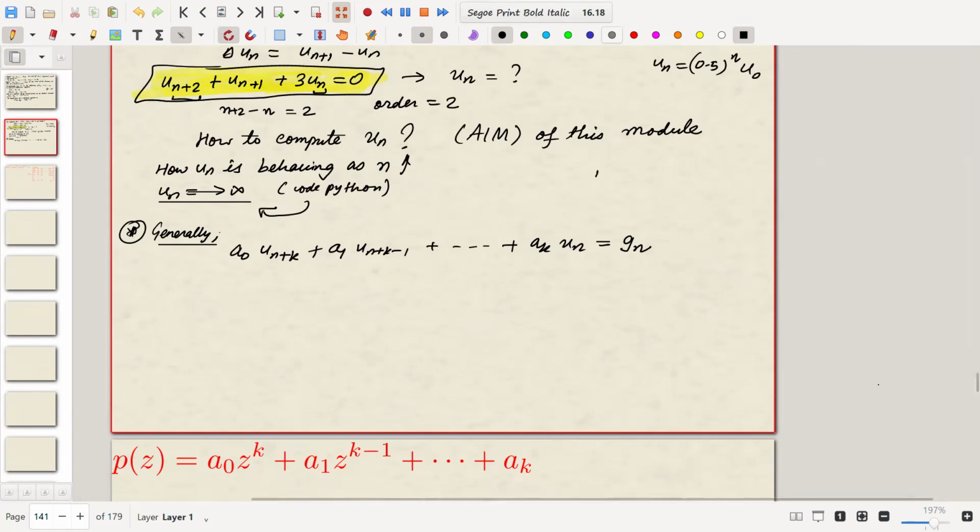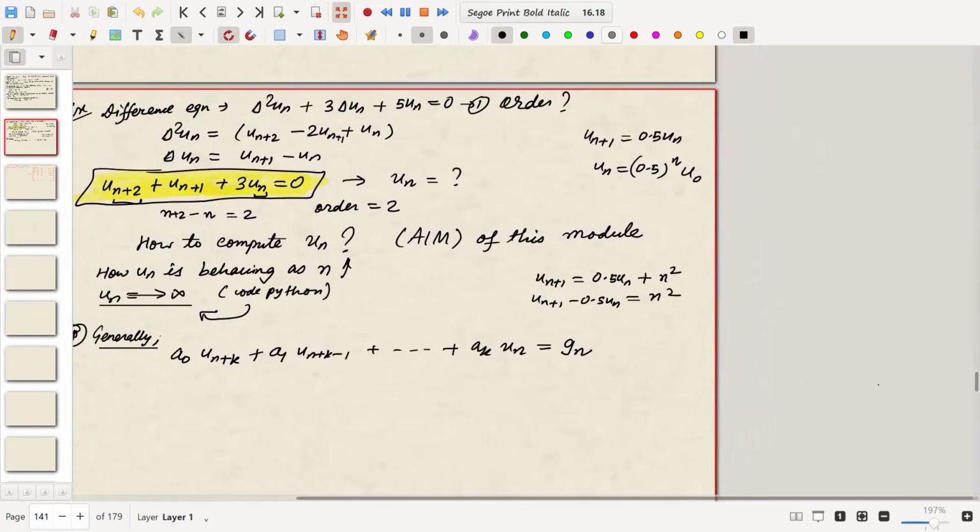Remember that if I tell you un plus 1 is 0.5 un plus n square, then what is the behavior? We don't know, because you can write it in this form.